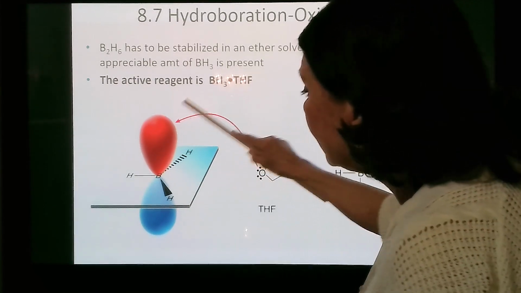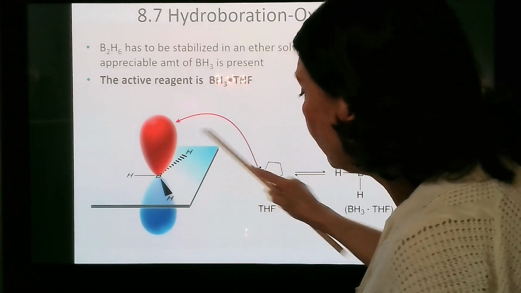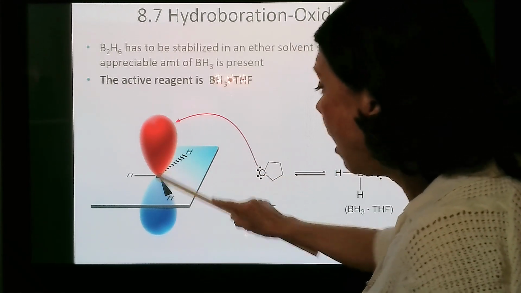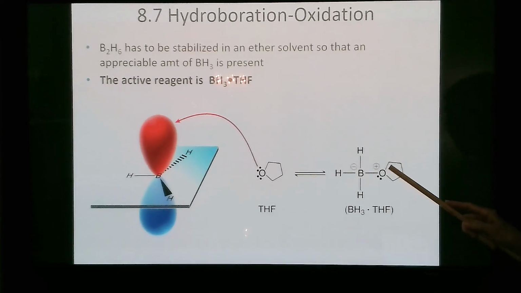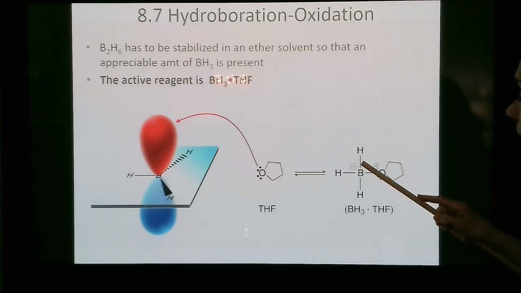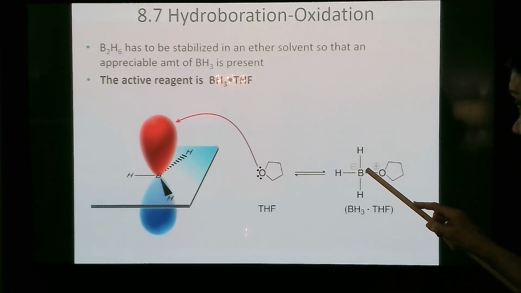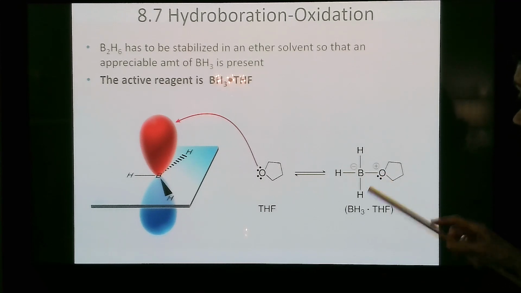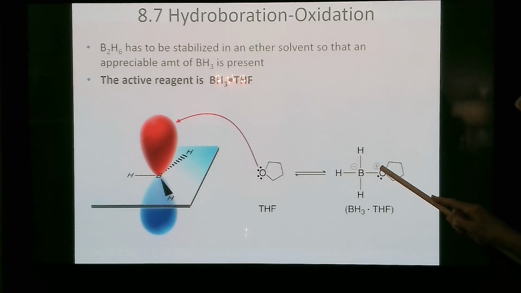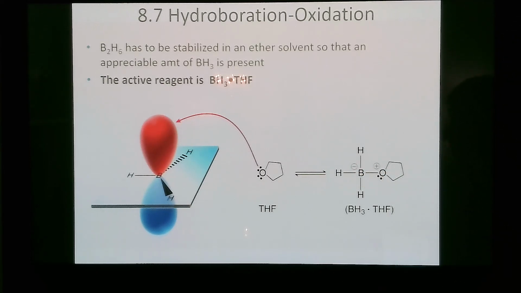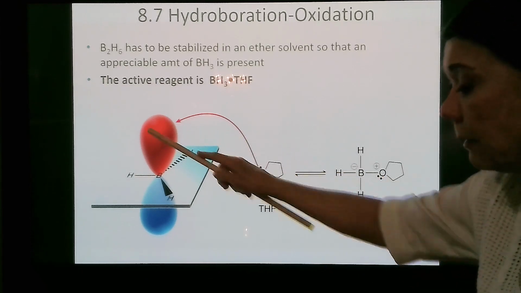This lone pair is being donated into the empty p orbital, and when the pair of electrons is donated from oxygen onto boron, that means that the oxygen is going to bear a positive charge and boron is going to bear a negative charge, because this bond that's formed is using a pair of electrons from oxygen, and boron is receiving that lone pair into its empty orbital.